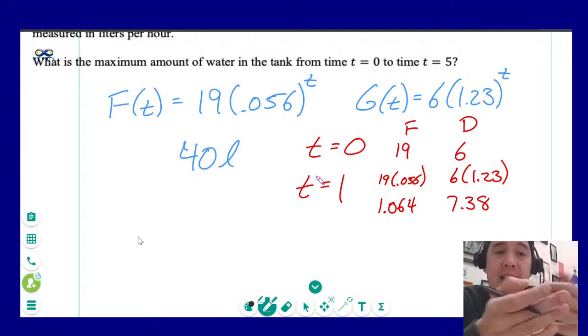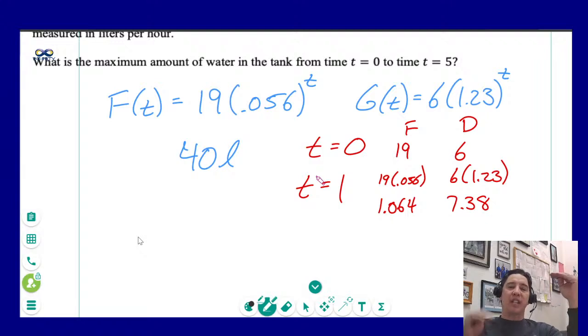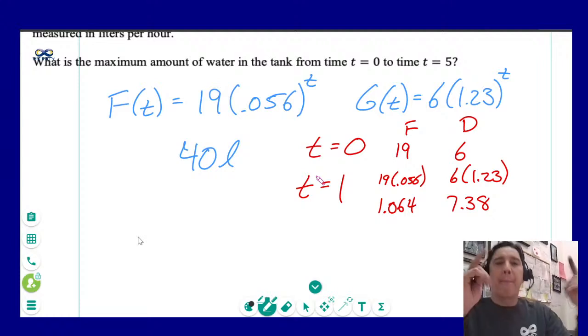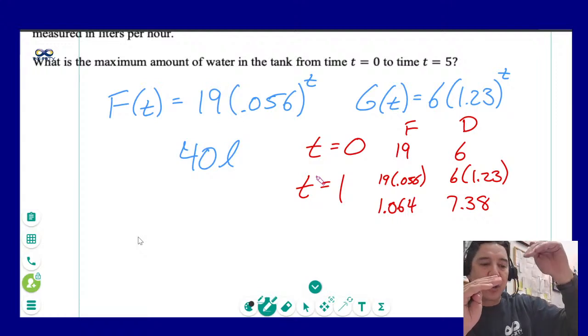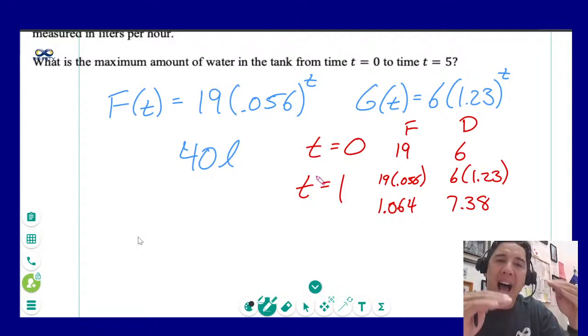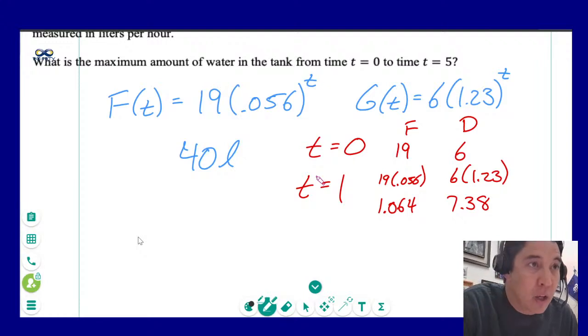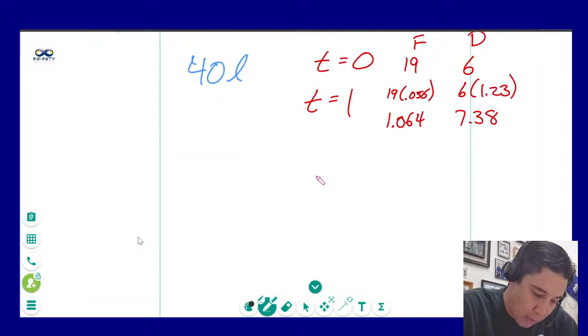So what we really need to know is, since we're going to be filling faster than draining, and then later be draining faster than we're filling, the point of time where we are filling and draining at the same amount will be the moment that we have the most liquid in the tank. So let's find out when f of t is equal to g of t. What does t equal when the filling and draining are equal to each other?